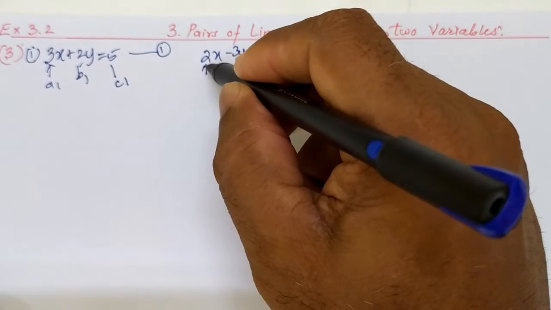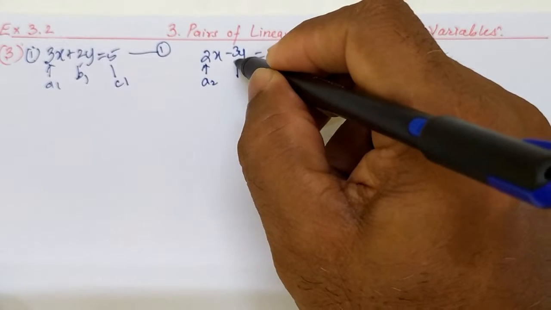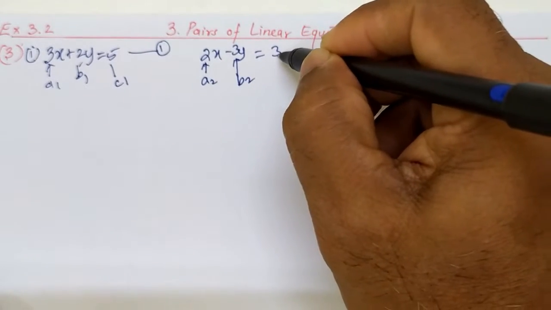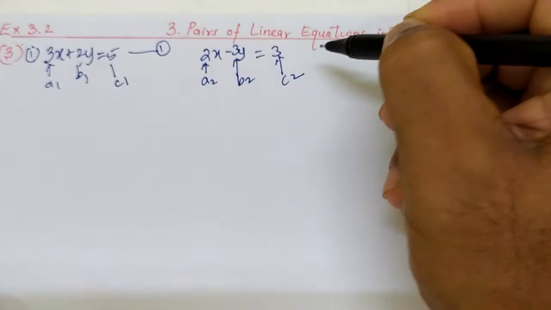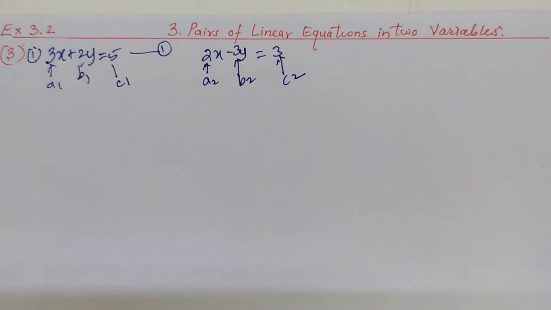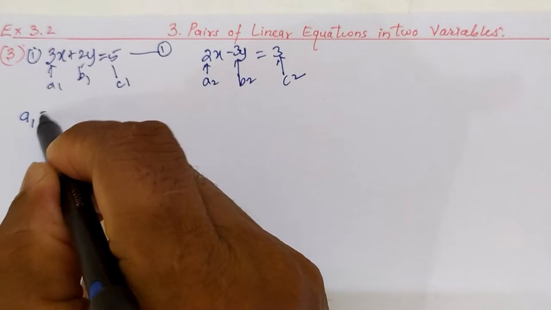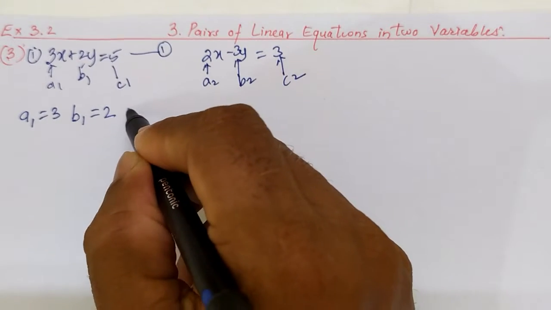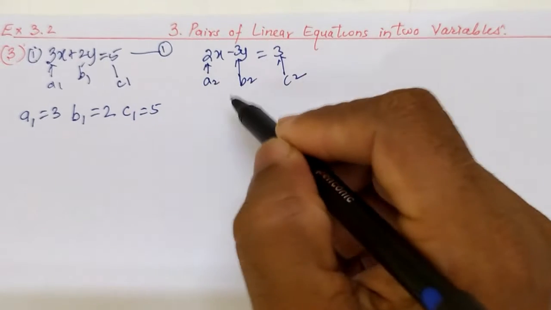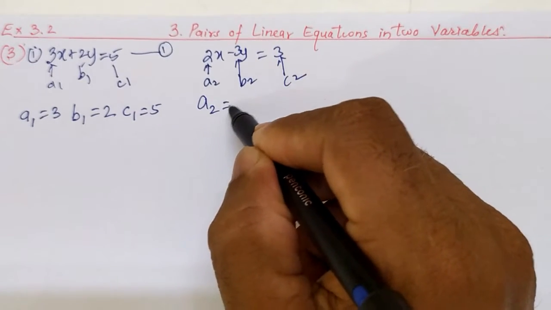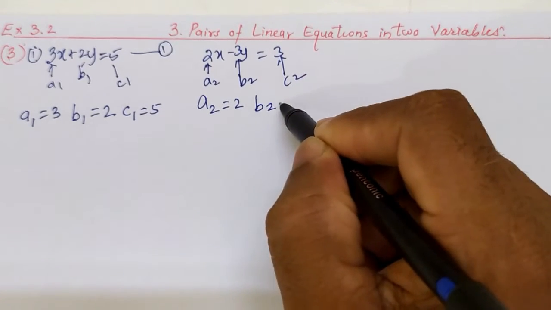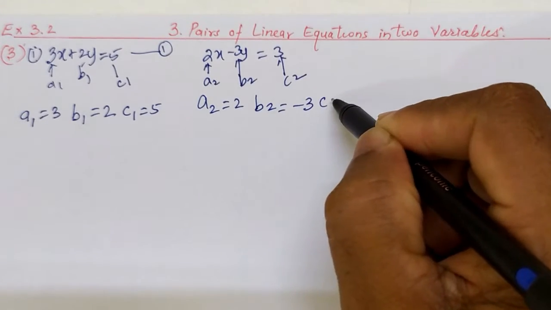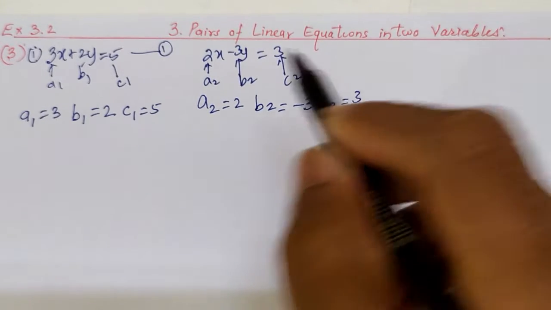In the same way, this is A2, this is B2 and this is C2. So A1 is 3, B1 is 2, C1 is 5. Also A2 is 2, B2 is minus 3 and C2 is 7.